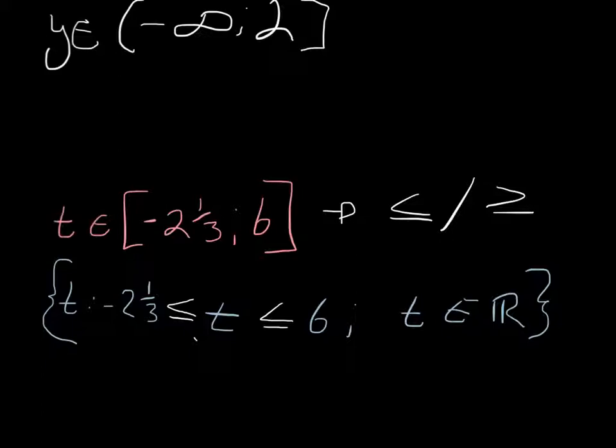So let's have a look at this one. If we put this on a number line just quickly, we know that the number line goes this way, 2 is our biggest value, and we have this thing over here which is negative infinity. The reality is that negative infinity isn't an actual number.